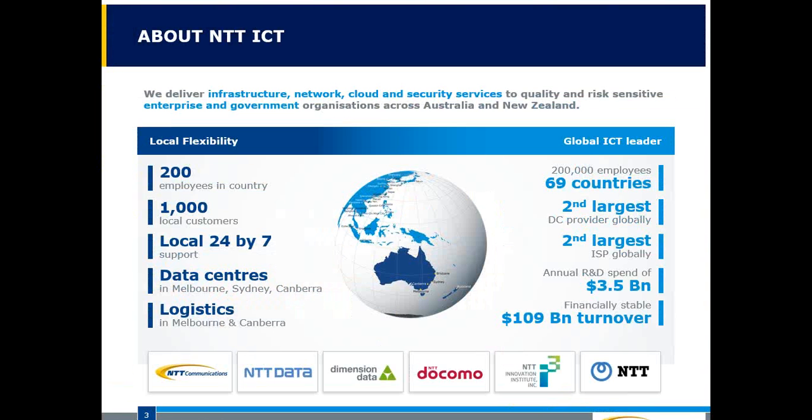At a global level, NTT corporate has over 200,000 staff operating in 69 countries. We are the second largest provider of data center space in the world and the second largest internet backbone provider by IP addresses connected. We invest over $3.5 billion in R&D annually.